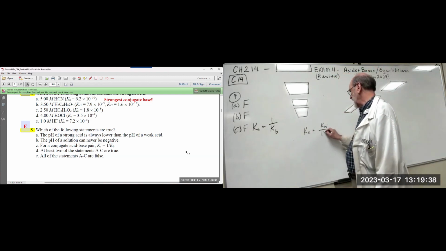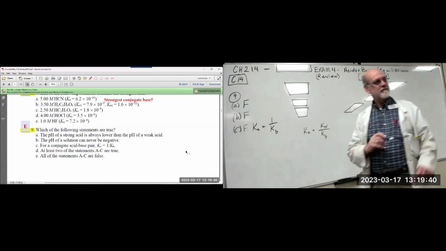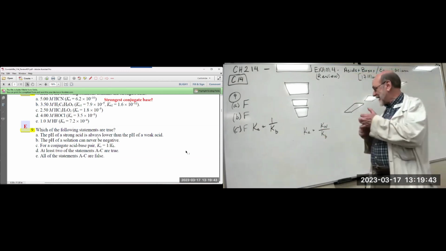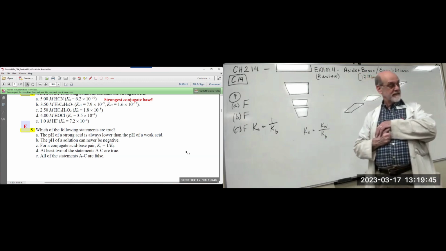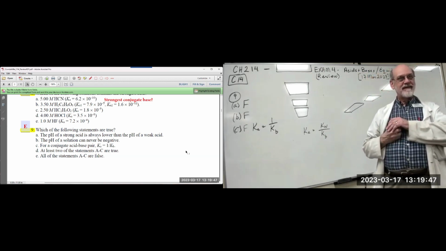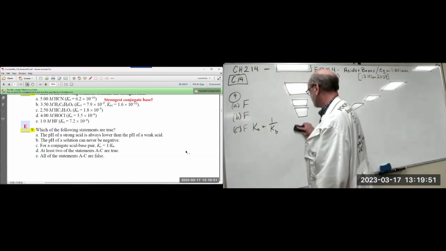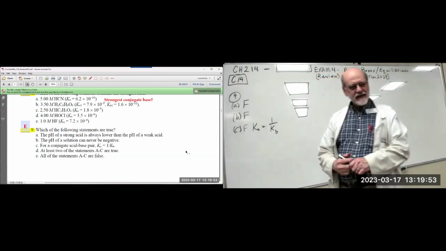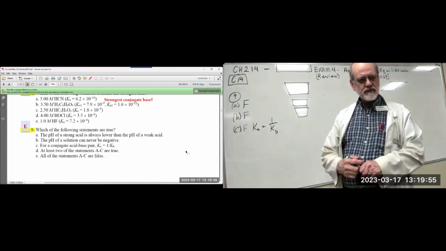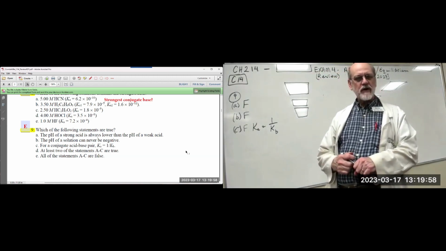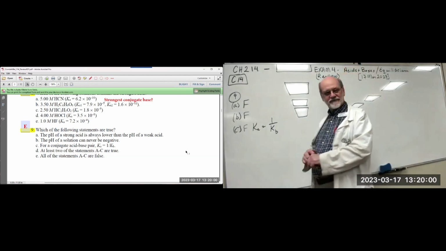Kw divided by Kb. Remember, Ka times Kb equals Kw. So C is false. How about D? At least 2 of the statements are true. Nope. All the statements are false. Yep, that's true. E is true.